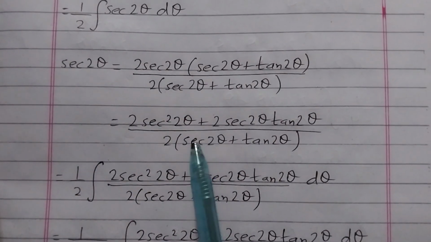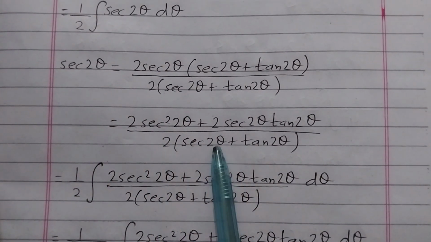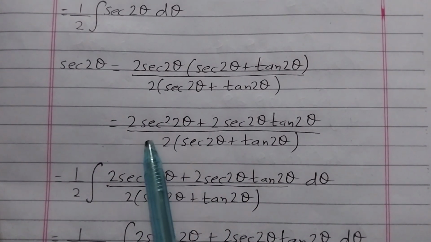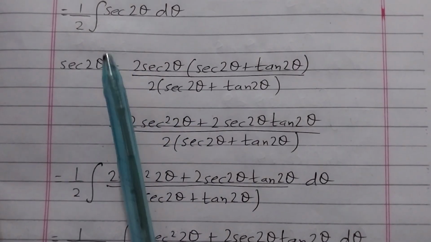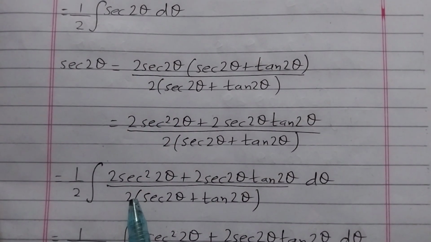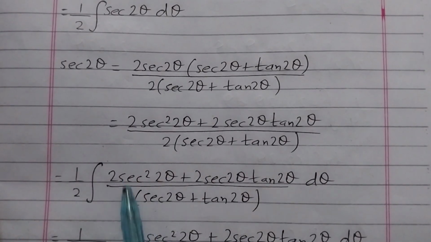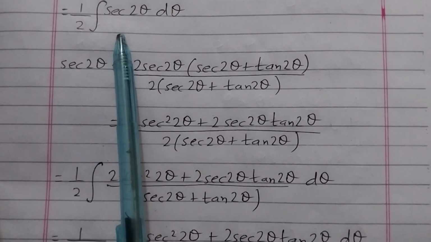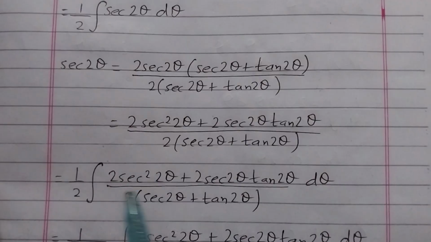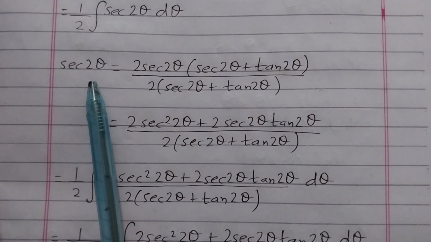I'm putting this value in the place of secant 2 theta in the integral, because this whole thing is equal to secant 2 theta.